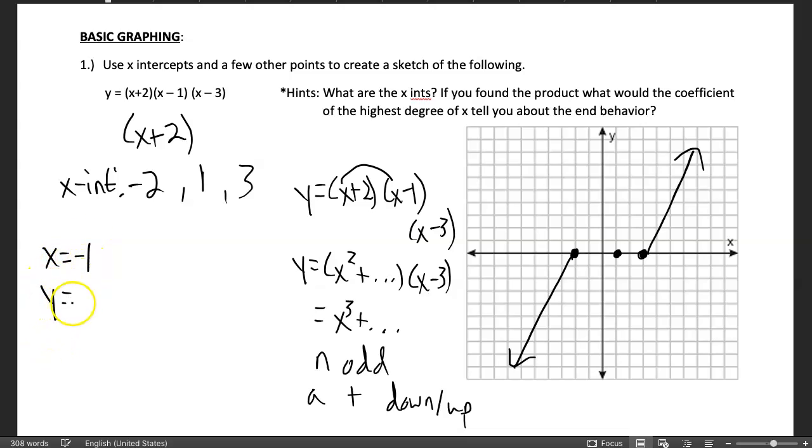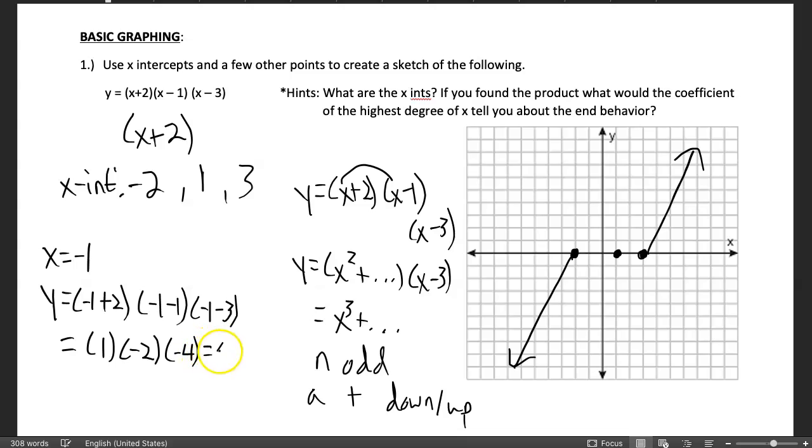Well, we'll have y is equal to -1 plus 2 times -1 minus 1 times -1 minus 3. So we go ahead and solve this. It would be 1 times -2 times -4. So we'll have the point -1, 8. Let's go ahead and plot that. 1, 2, 3, 4, 5, 6, 7, 8.